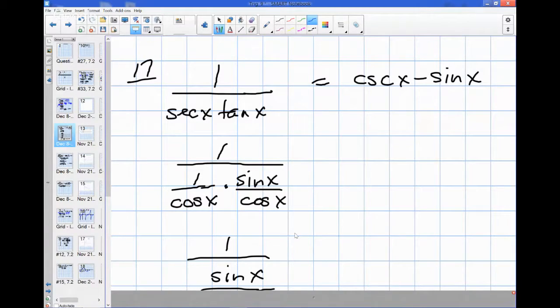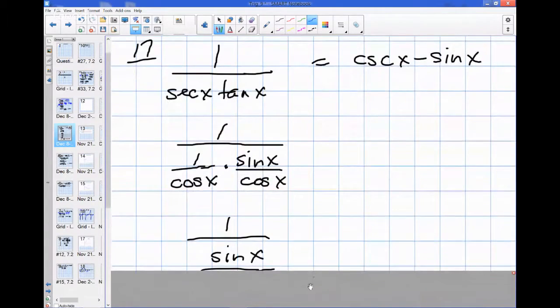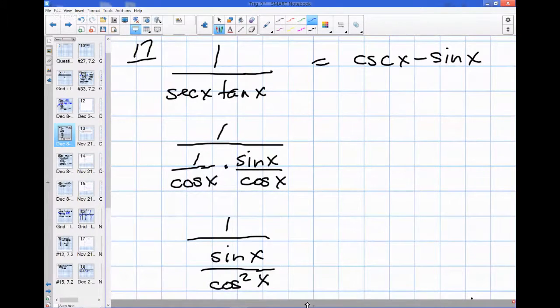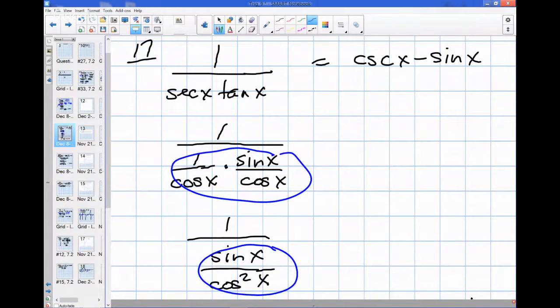And then, let's see if we can follow what I did here. If you multiply this denominator out, what do you get? 1 times sine is sine, cosine times cosine is cosine squared. So all I did was combine these two and multiply them to get that. I didn't touch the numerator of 1.